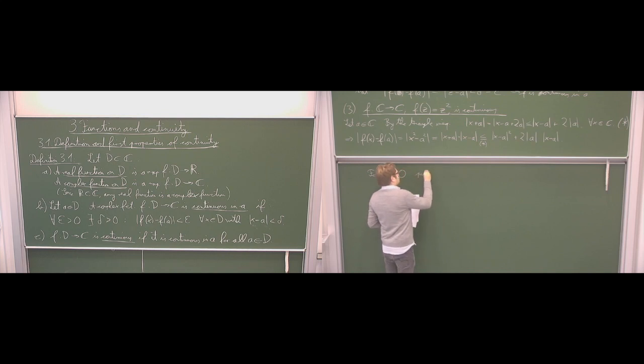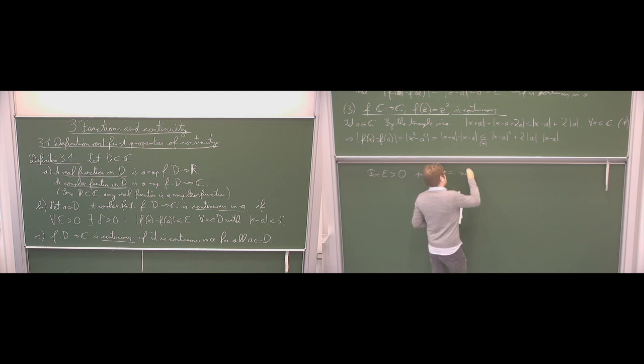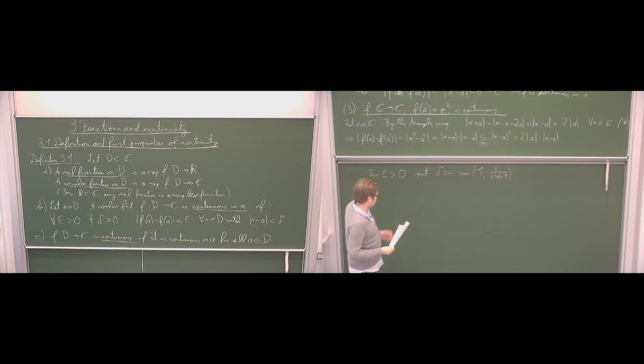We choose delta to be the minimum of 1 and epsilon over 2 times the absolute value of a plus 1. This is again a proof which is done by reverse engineering, because at this point it's not really obvious why delta should be chosen in this way. But afterwards you see that this delta really makes it work. And this we will do now.